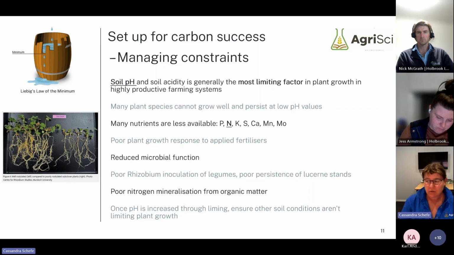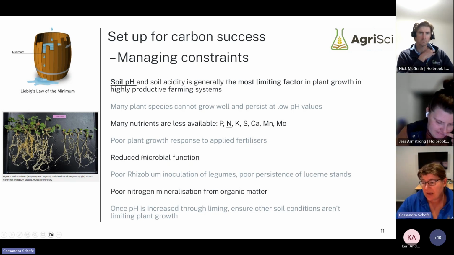Phosphorus, nitrogen, potassium, sulfur, calcium, magnesium, molybdenum are all going to be less available to the plant. A key aspect of that is that with nitrogen, the microbial function that converts organic nitrogen into nitrates is also impaired. And then the efficiency with which plants can take up and utilise the nitrogen fertilisers in our system is also limited. Generally, we have poor plant response to our applied fertilisers because of this acidity, and we have reduced microbial function, as we've talked about before.